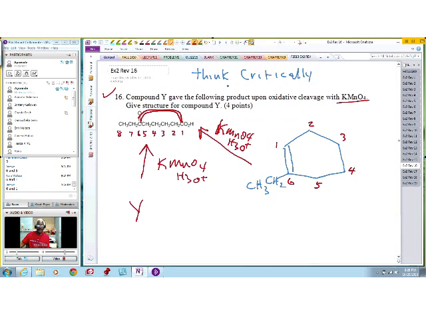It will cleave this. Don't forget this carbon 1 here has a hydrogen, so it will cleave so that carbon 1 is now this carboxylic acid, and carbon 6 is now this ketone. If you see that, give me a happy face. Very good.